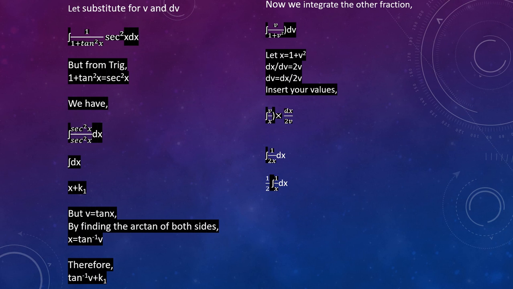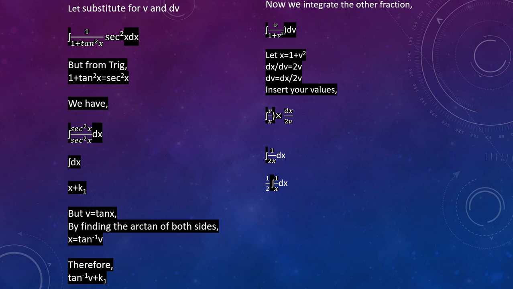From our integral rules, the integral of 1 over u du is always ln u. It's like differentiation: if you differentiate ln u, you have 1 over u, so when you go back to integrating 1 over u, you have ln u.